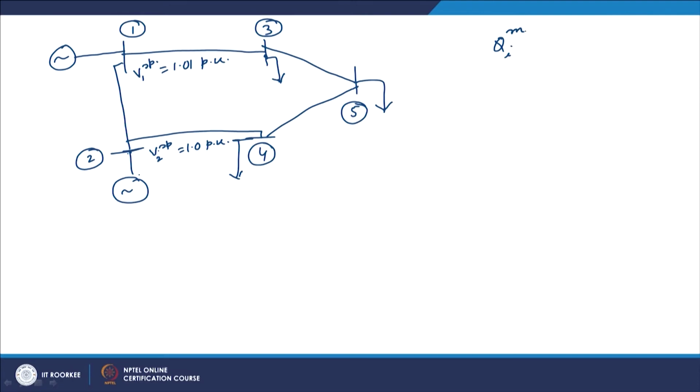These excitation systems will try to maintain this voltage by injecting more and more reactive power. But because of the rating as well as the physical current carrying capacity of all the windings, both the field windings as well as the armature winding, each and every generator can only supply up to a maximum value of reactive power, which we denote as Qi max, for i equal to 1 to 2 in this case.